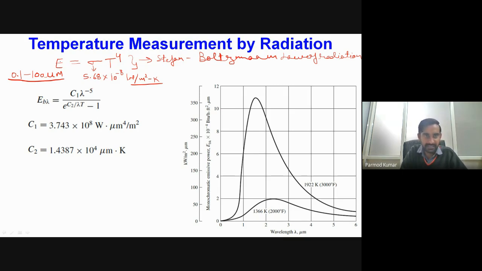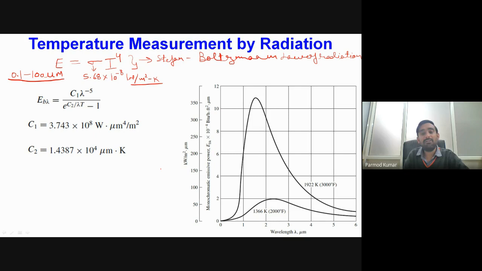We are considering that our body is a black body, which means the fraction of radiation emitted is 100%, a perfect radiation emitting body. T is the temperature of the surface emitting this thermal radiation, and we take this temperature in absolute scale, so here it will be in Kelvin.